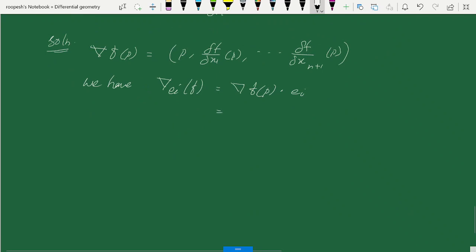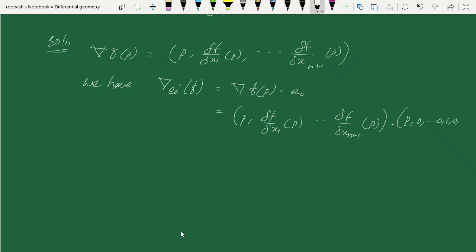This is equal to (p, dou f by dou x1 of p, ..., dou f by dou x_(n+1) of p) dot (p, 0, 0, ..., 1, 0, ...). Only one term will give a non-zero product, and this term is dou f by dou x_i of p, the ith term. So we have proved that.